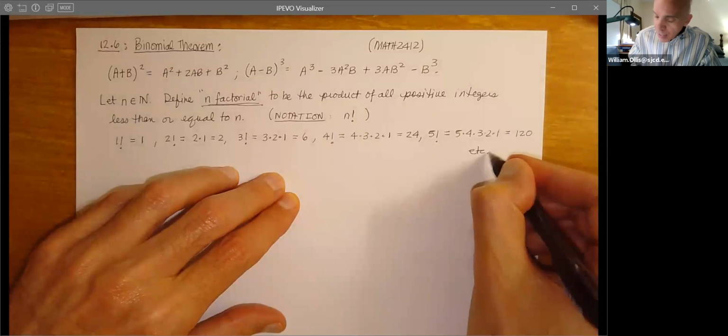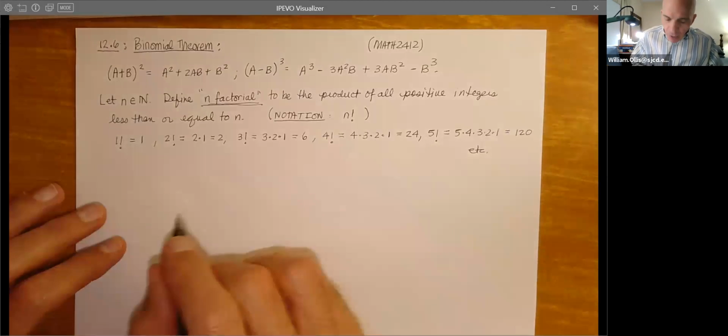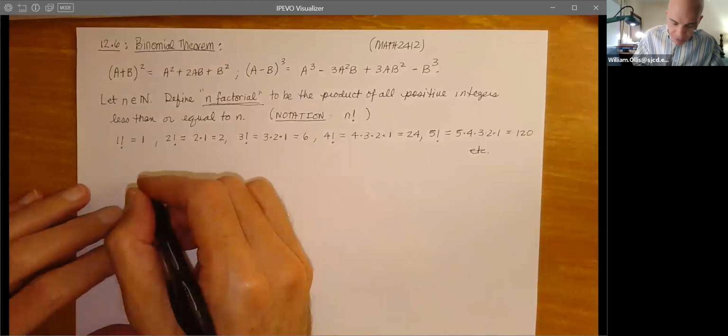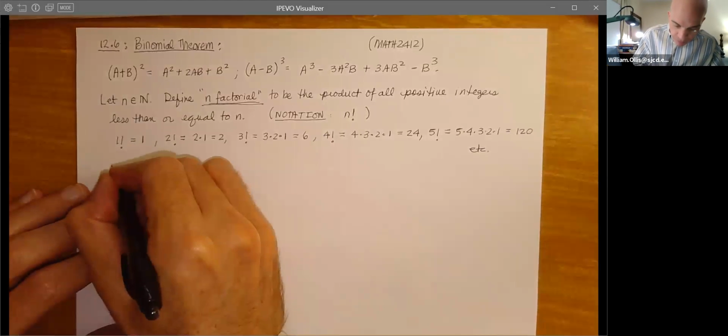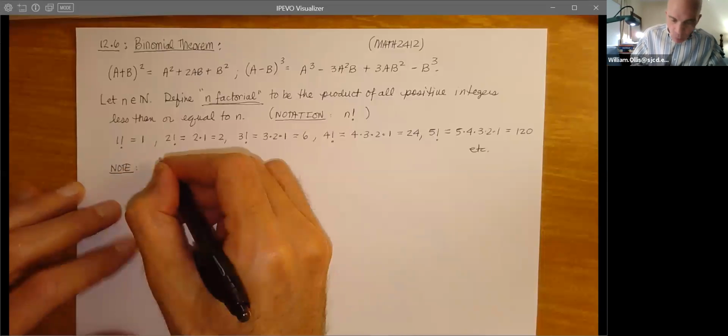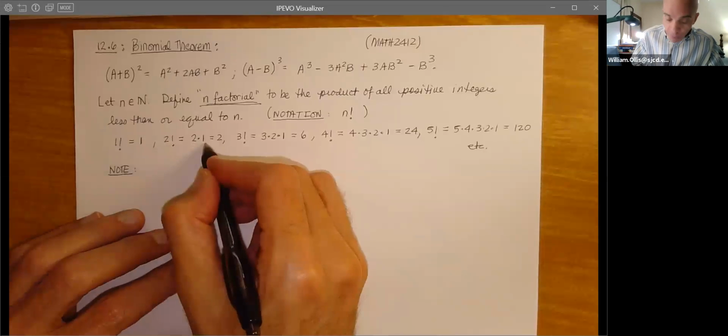So what we're seeing here is that with the factorial function, we're noticing a recursion, so to speak. That is, note, we can think of this as just a sequence, a sub 1, a sub 2, a sub 3.